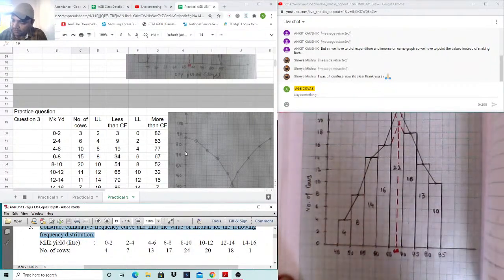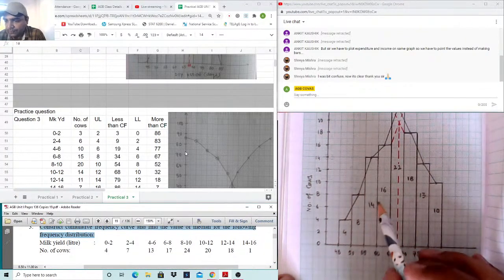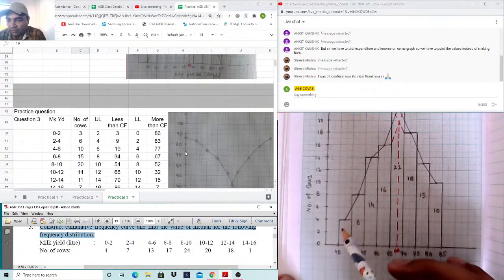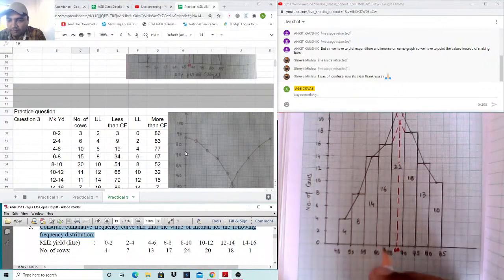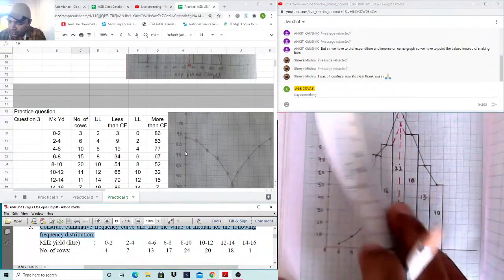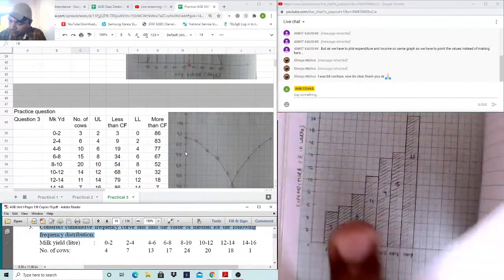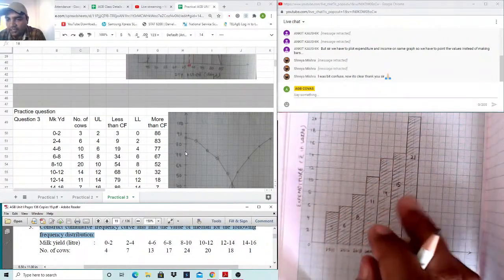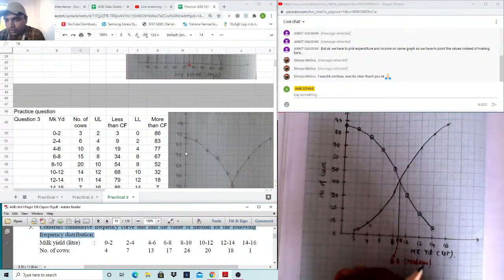Then we learned the construction of histogram, construction of frequency polygon, and frequency curve, and how to calculate the mode from the graphical presentation. I have also cleared one confusion, that you have to make it for income and expenditure.